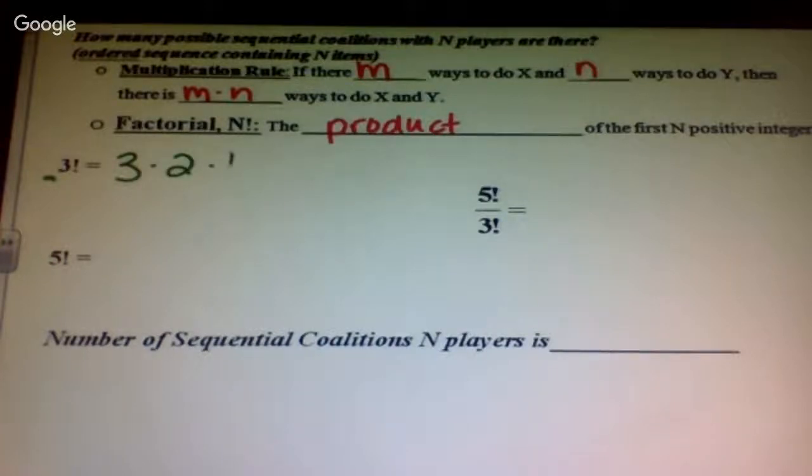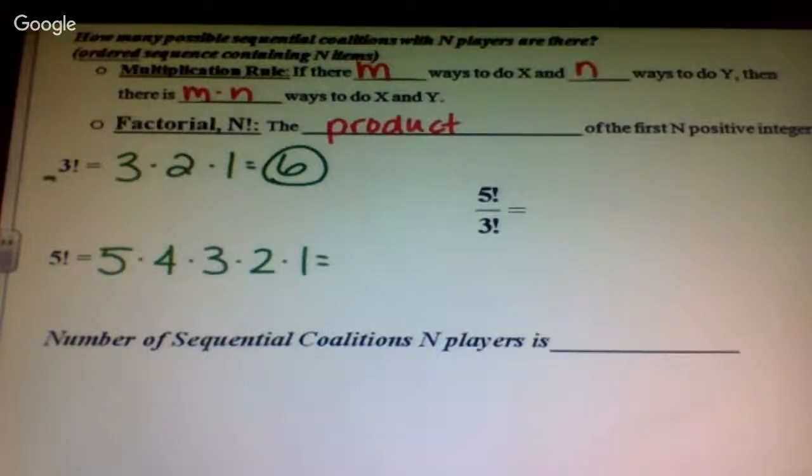So 3 times 2 times 1 is 6. If I have 5 factorial, that means I start at 5 times 4 times 3 times 2 times 1. That's 120.